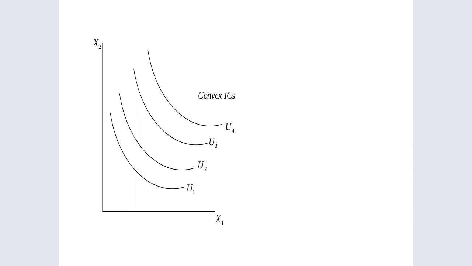So the indifference curves for the Cobb-Douglas utility function are convex indifference curves. So we have indifference curves 1 up to 4. We said that the lower indifference curves show a lower utility level, while the upper indifference curves show a high level of what?